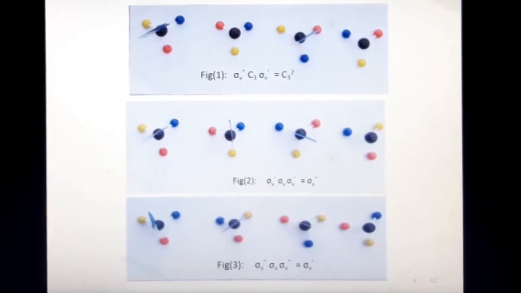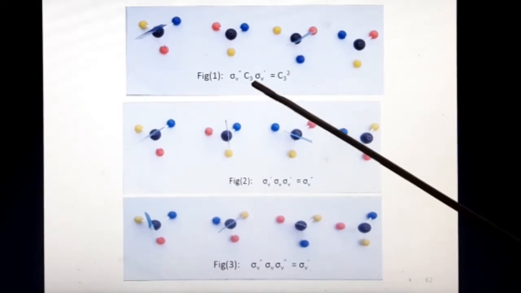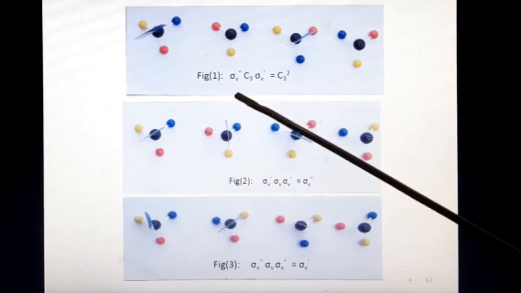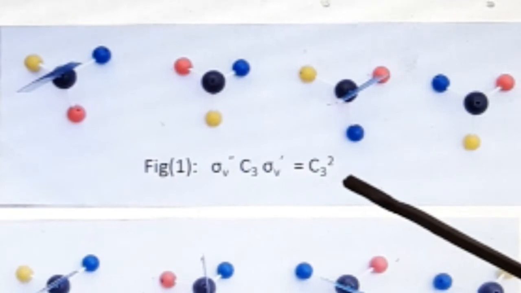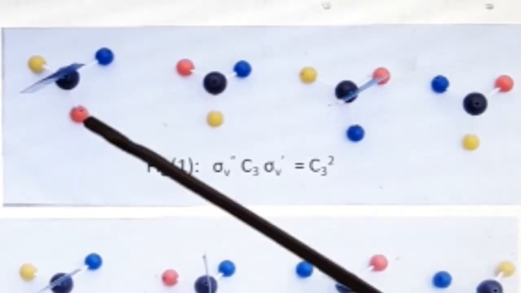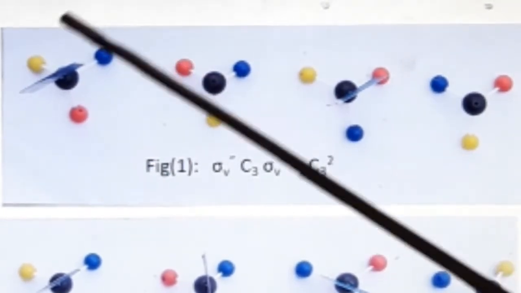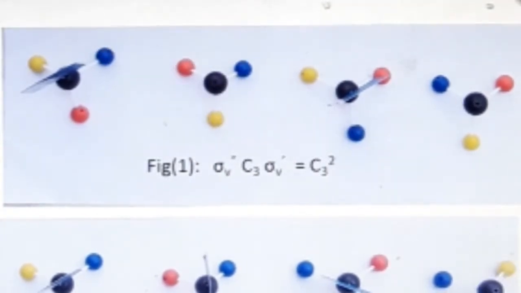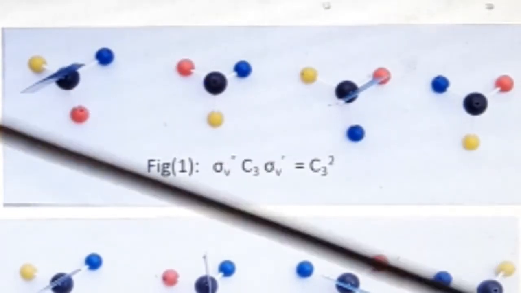In this diagram, figure 1, figure 2, figure 3 are as mentioned in the table. Here in figure 1, we will show that C3 is conjugate with C3 squared. This is the original structure of the molecule, and suppose this is the ammonia molecule and all the hydrogens are taken of different colors to distinguish between them. These are yellow, blue and pink.